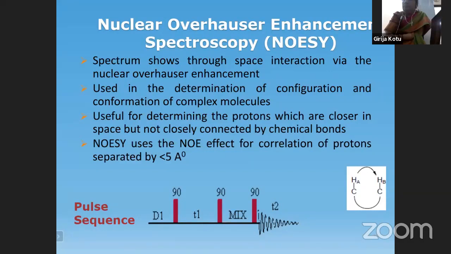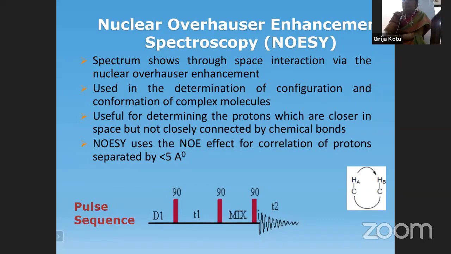On the bottom of the slide, there is a small picture. See HA and HB. The number of bonds connecting these two is not specified, but it is more than 3 or 4. And beyond 3 or 4 bonds in a saturated system, the coupling is not observed.